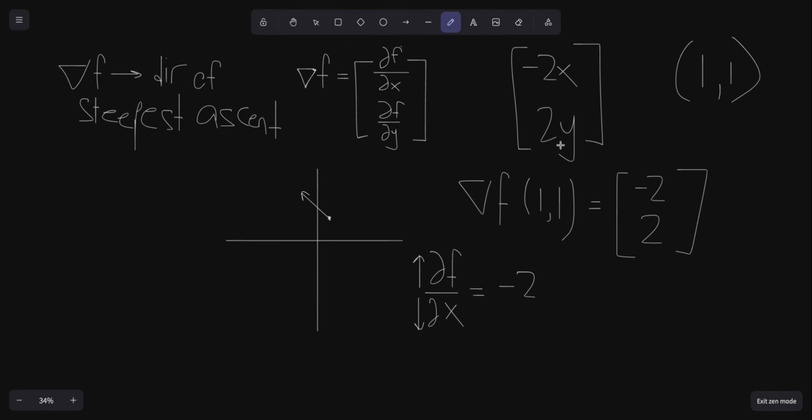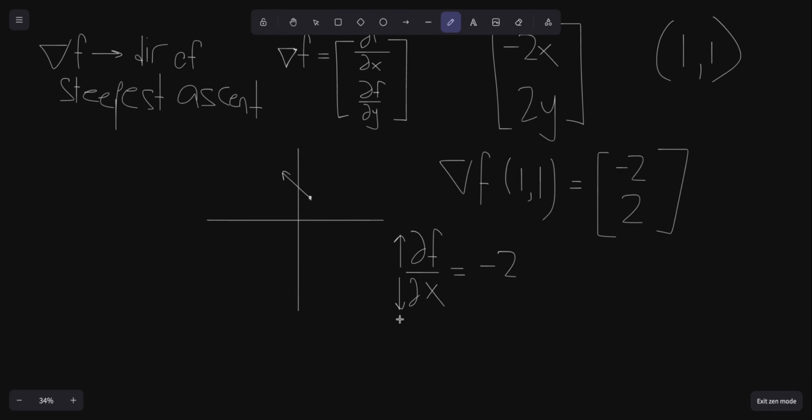But if our slope is positive, like this 2y right over here, we see how the partial of f with respect to y is equal to positive 2. When df dy is positive 2, what that's really saying is that when y increases, f increases as well. That's the significance of the positive sign.